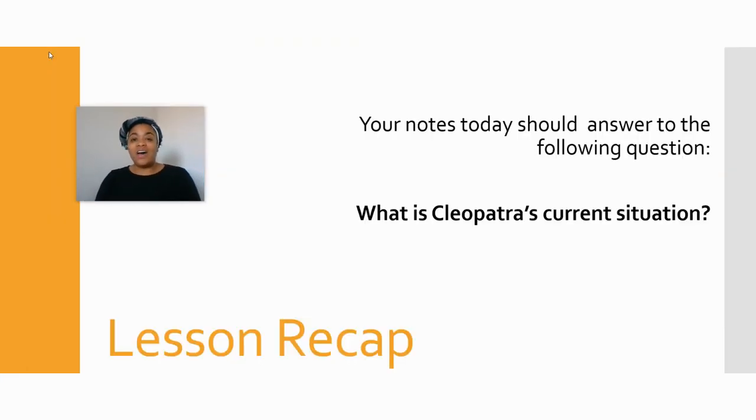So, scholars, on our notes today, we have the answers to the following question. What is Cleopatra's current situation? Now, we know that Cleopatra's current situation is, yes, she's vulnerable. We know that she is vulnerable because we see that her siblings are trying to take her authority away from Egypt.